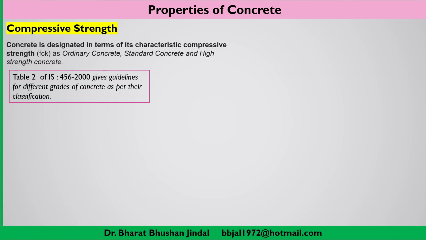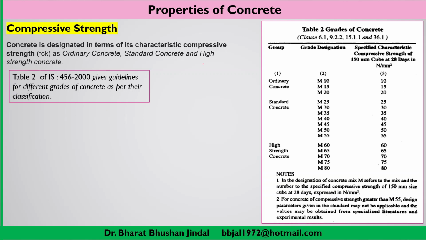Now all this information you can refer to in Table number 2 of IS 456-2000. This table will give the guideline for different grades of concrete as per their classification. So this is Table number 2. You can go through it here. In Table 2 of IS 456, the grade is mentioned.